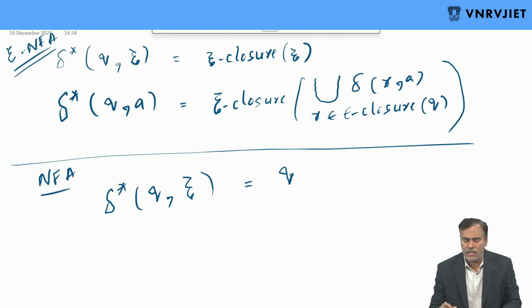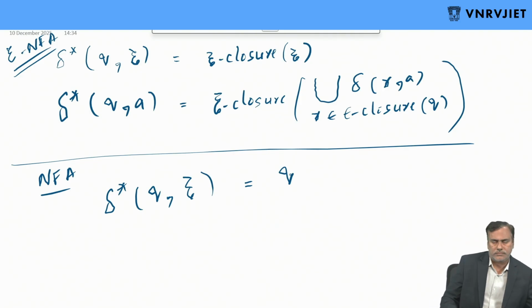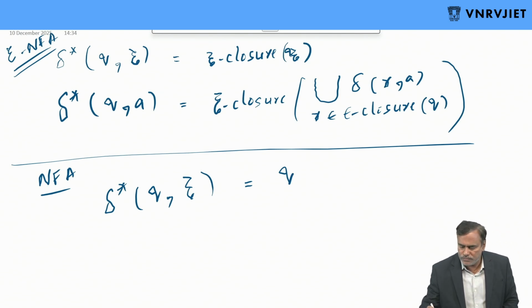In the case of epsilon NFA, delta star of Q epsilon is epsilon closure of Q, whereas in NFA, delta star of Q epsilon is just Q itself.